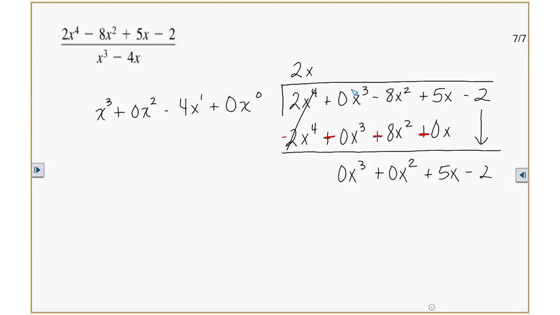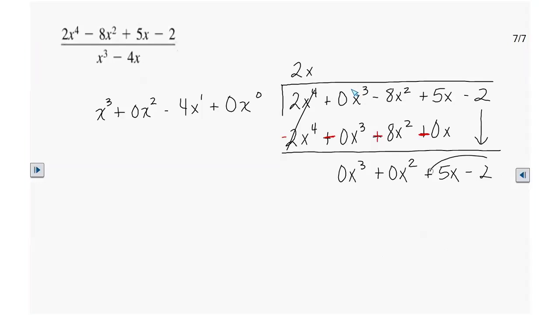Why? Because x cubed cannot go into it, you can't go any further. The only thing you could do is put a 0 in, and that's going to zero everything out. So you're done. So this is the remainder.